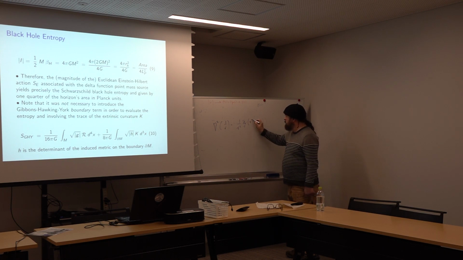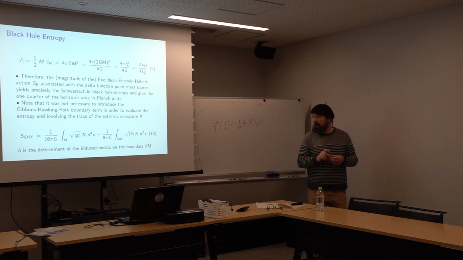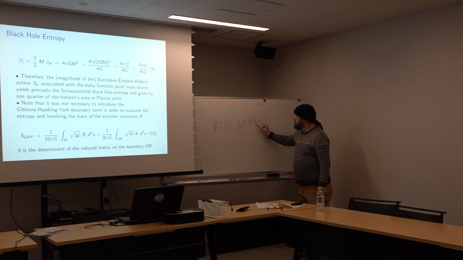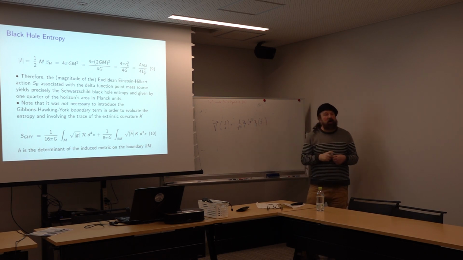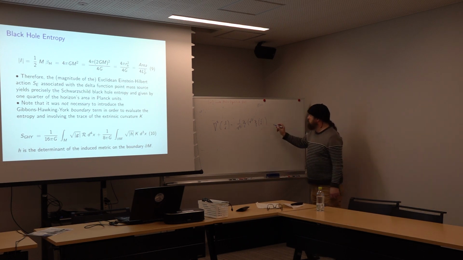And if you want to make sure that you have the right units, remember you have an r squared here, and you have an r squared here. So the dimensions are correct. When you evaluate this expression, remember the derivative of 1 over r is minus 1 over r squared.